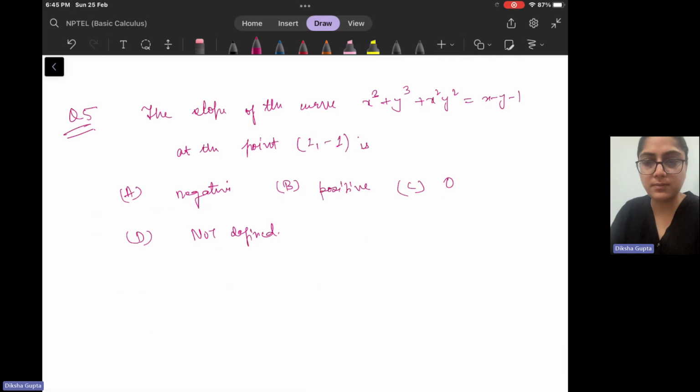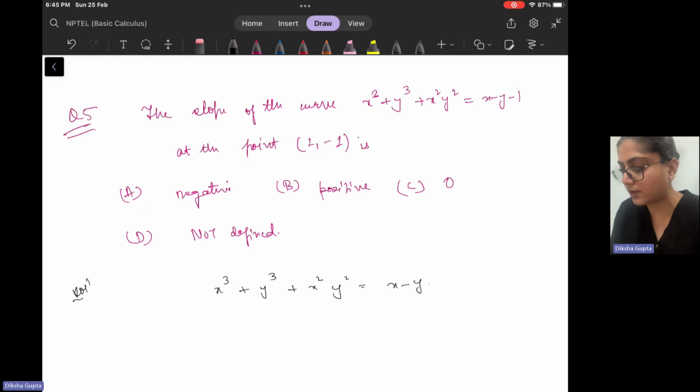So again, what do we do? Differentiate the equation. x cube plus y cube plus x square y square equals x minus y minus 1. Differentiate with respect to x.